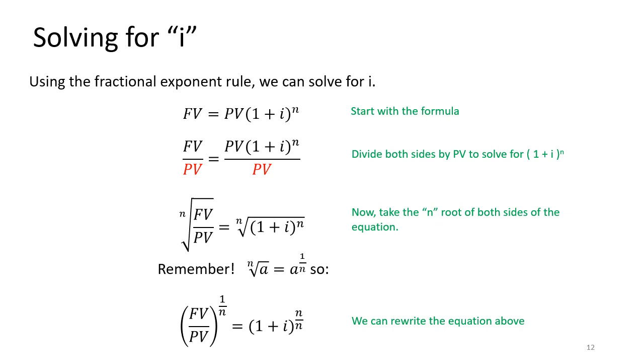Because if we start, just like we did last time, with the future value formula, future value is equal to present value times 1 plus the periodic interest rate to the exponent n. So you see, we're trying to solve for i. That term is buried in brackets with an exponent, so we've got a lot of items that we need to remove from this right side of the equation.